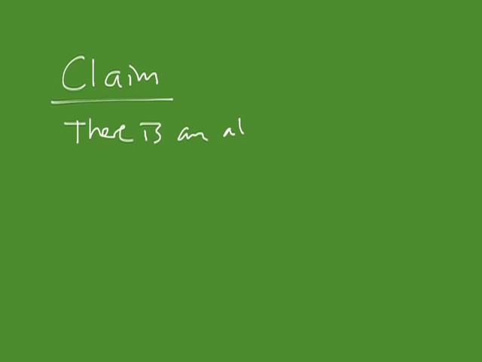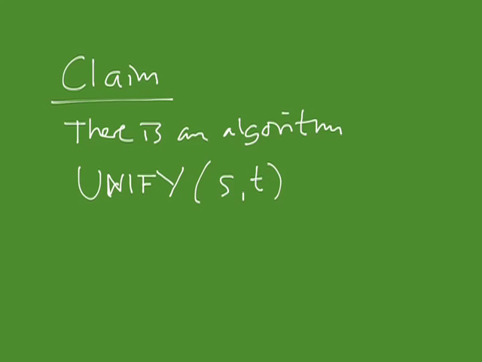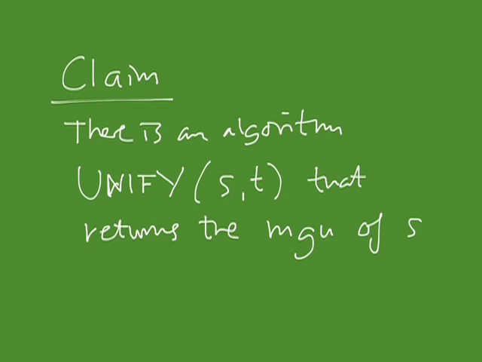One thing I'm not going to show you, but I'm just going to claim, is that there is an algorithm, and I'll call it Unify of S and T, that returns the most general unifier, MGU of S and T, if it exists.